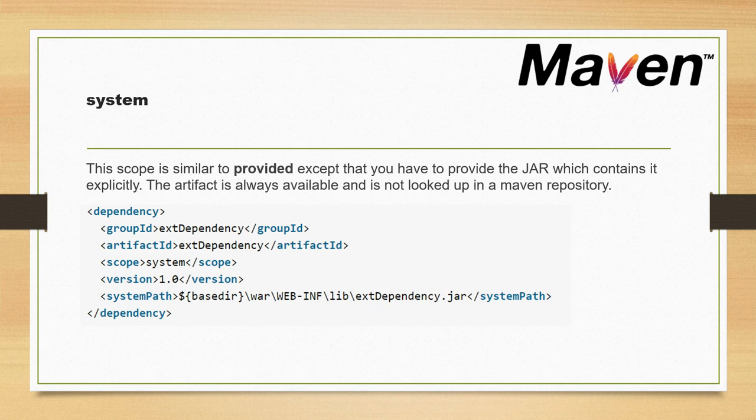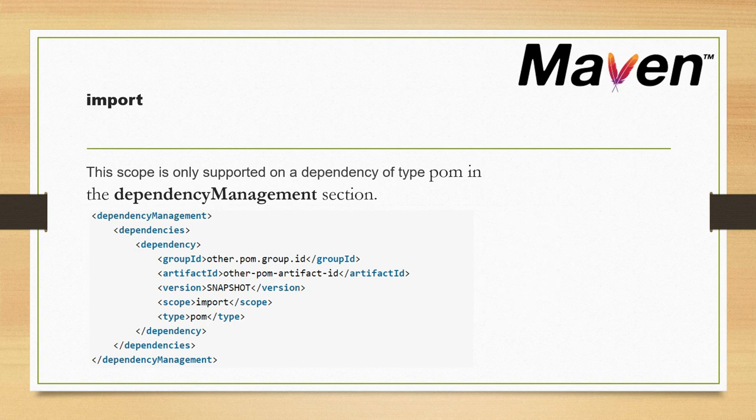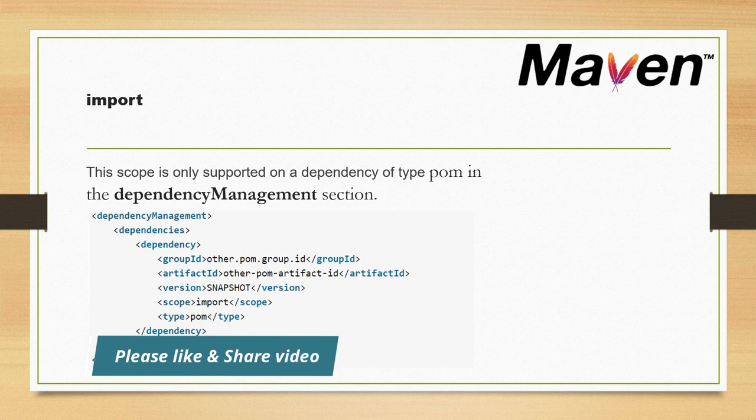and that's the system scope. Now last but not least, we have the import scope. This scope is only supported on a dependency of type POM in the dependencyManagement section. It indicates that a dependency is to be replaced with the effective list of dependencies in the specified POM's dependencyManagement section. This is the way we use this scope.